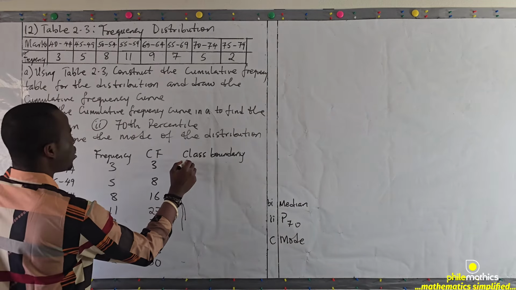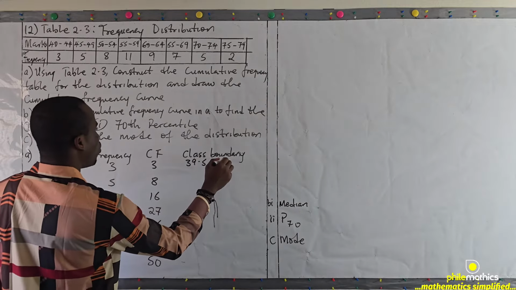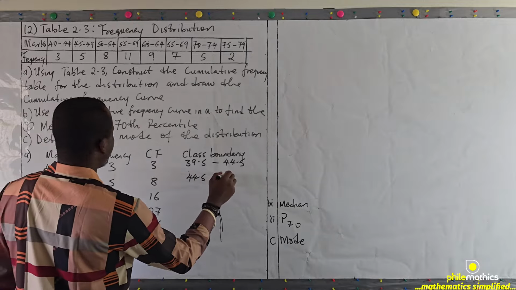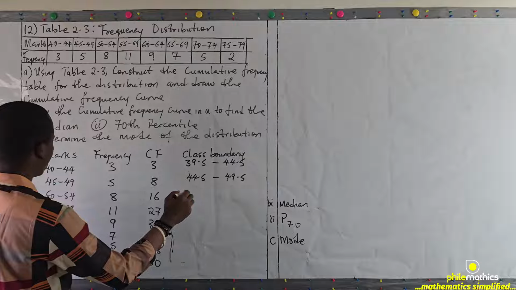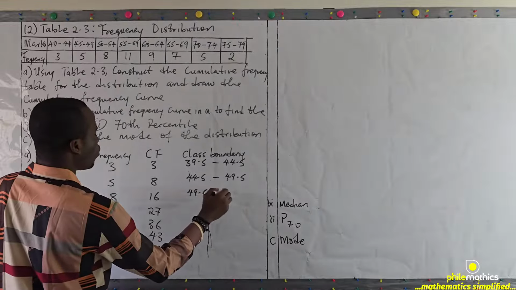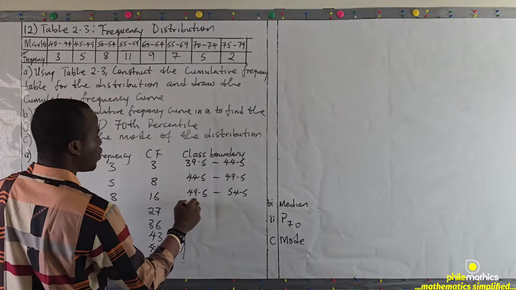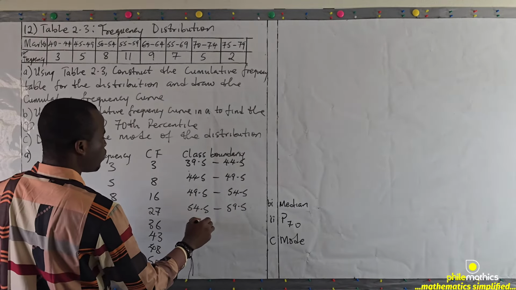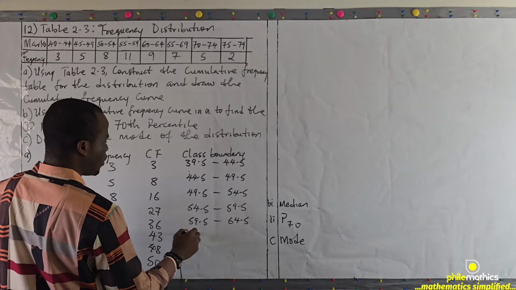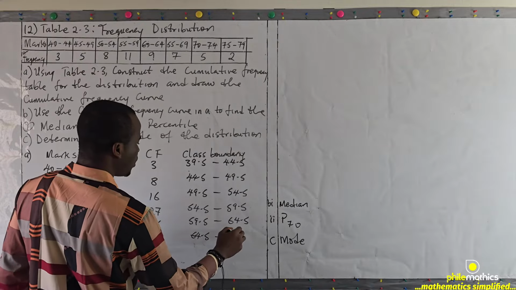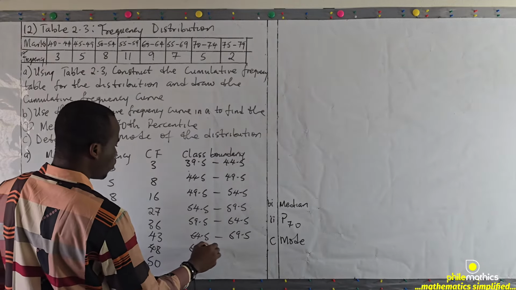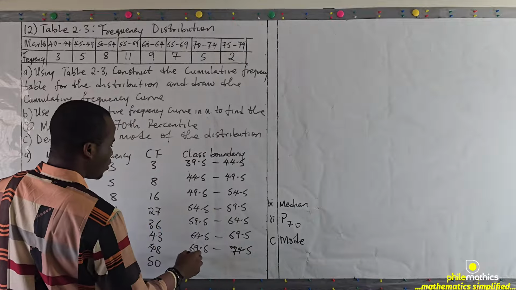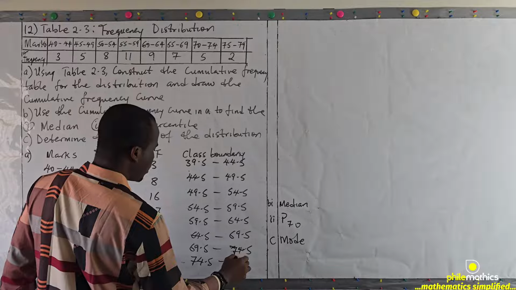So this is 39.5 to 44.5, 44.5 to 49.5, 49.5 to 54.5, 54.5 to 59.5, 59.5 to 64.5, 64.5 to 69.5, 69.5 to 74.5, 74.5 to 79.5.